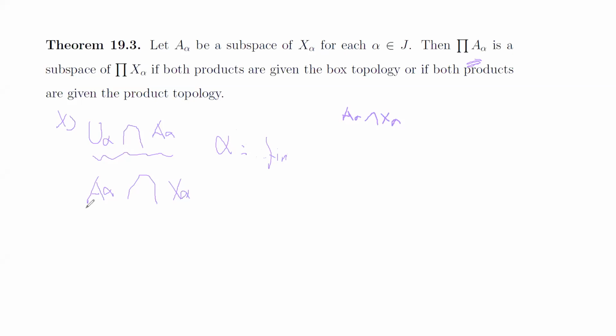And then these are the remaining part, which is exactly equal to A alpha. Because this X alpha is an open set, right? So these are also open in the subspace topology.